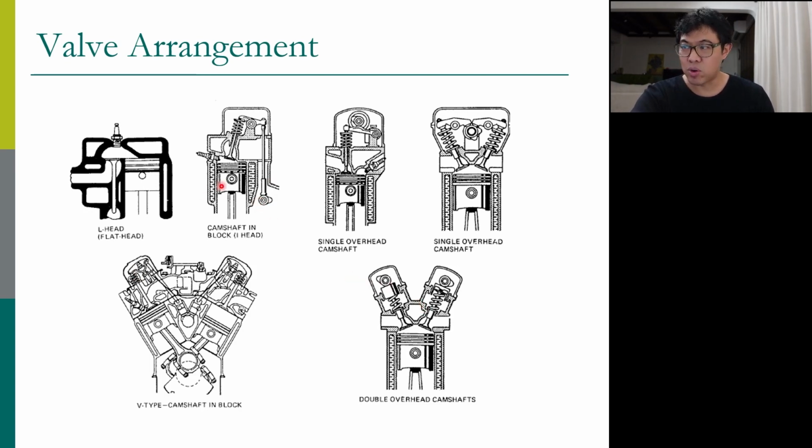Basically this one was originally the popular valve train for engines, but it's already outdated. Now most engines, actually all engines now, use overhead camshaft like that, because it can control the valve a lot more precisely and a lot quicker than this type.